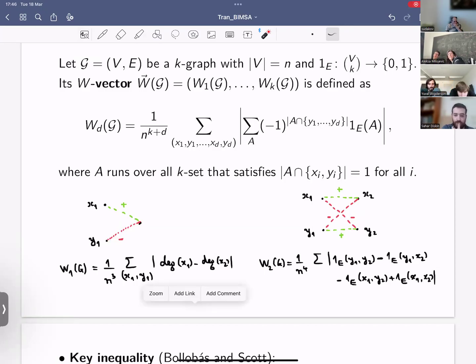The sum runs over 2-sets A, so over pairs of vertices which intersect {x_1, y_1} in exactly one element. So the pair must have this form.